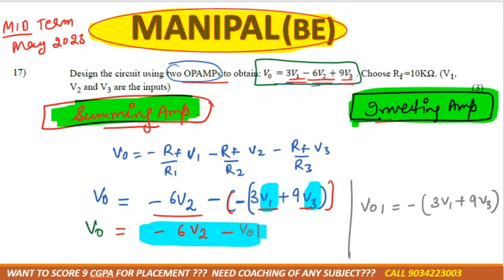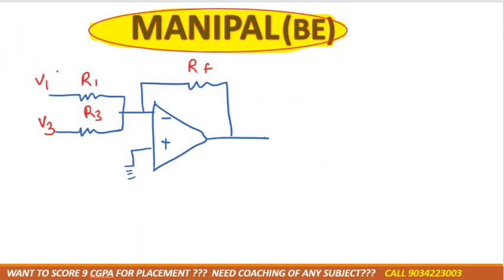That's why I have taken V1 and V3. So its output is V01, and according to the formula, V01 is minus of RF by R1 into V1, minus of RF by R3 into V3, correct?